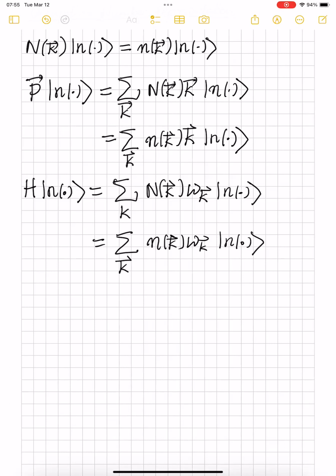Good. So that is a formula for the momentum operator and the Hamiltonian acting on the occupation number ket.